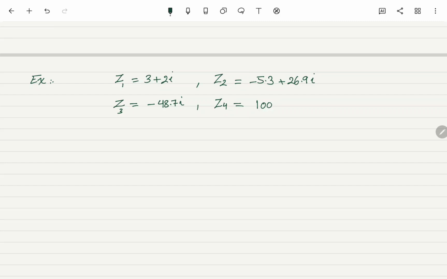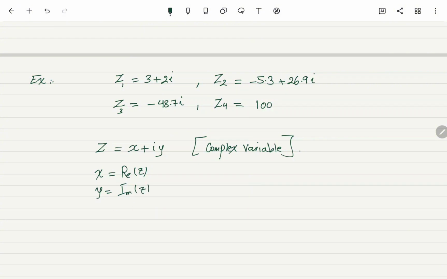So in this case, z equal to x plus iy, and this is called a complex variable. In such a way, x is the real part of z and y is the imaginary part of z.